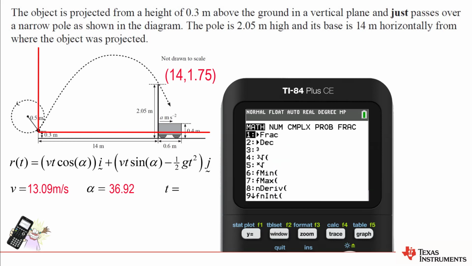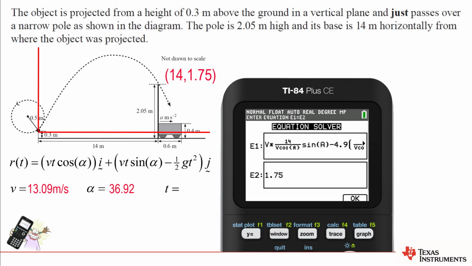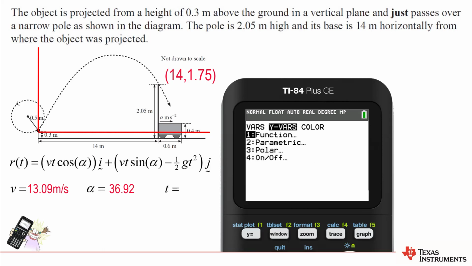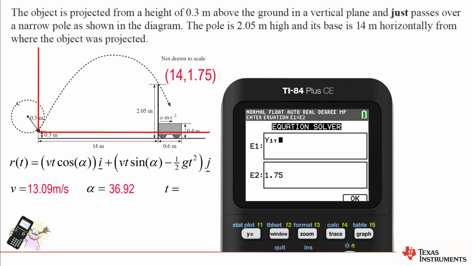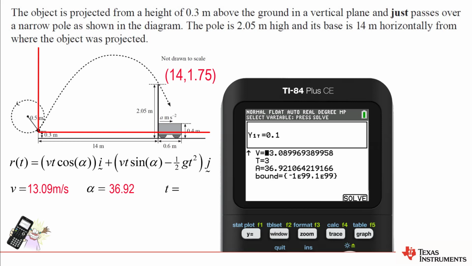We can use the numerical solve routine again to get the second time. We make y of t equals 0.1, and solve for t, with t being greater than, say, 0.5 seconds.